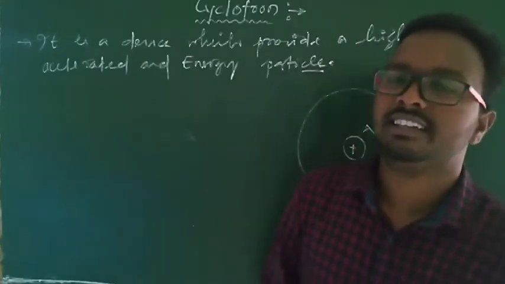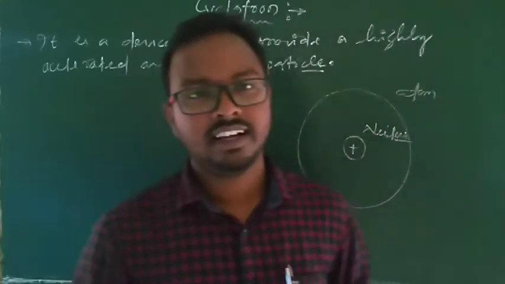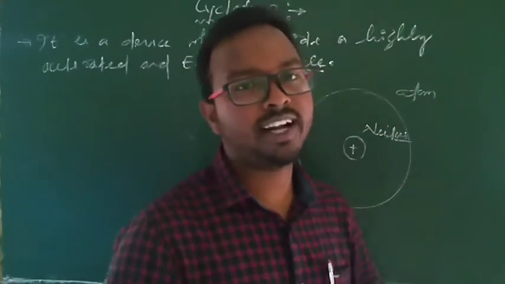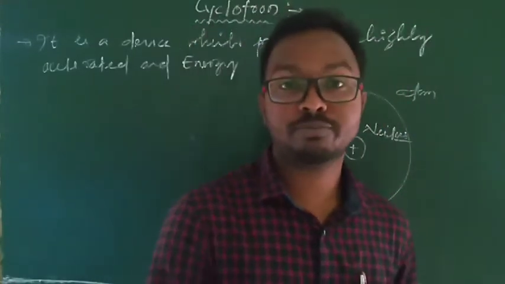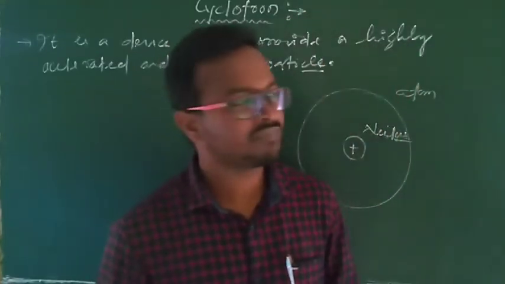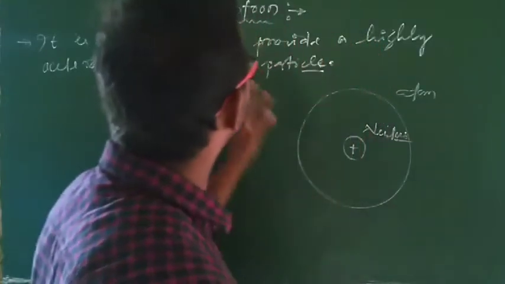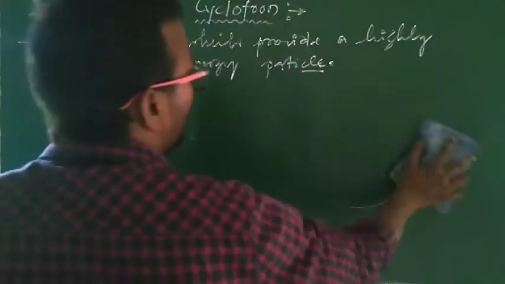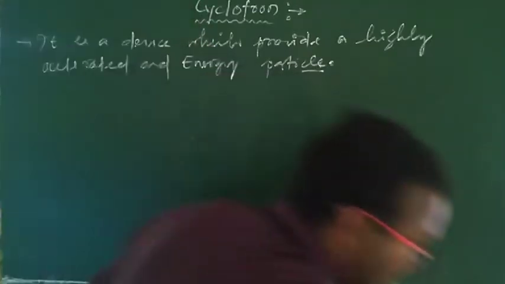So we need a highly accelerated and highly energetic charged particle. We need a machine which provides that amount of speed, an accelerated and energetic charged particle. That machine is known as cyclotron. Clear? So next we will go for the principle of cyclotron.